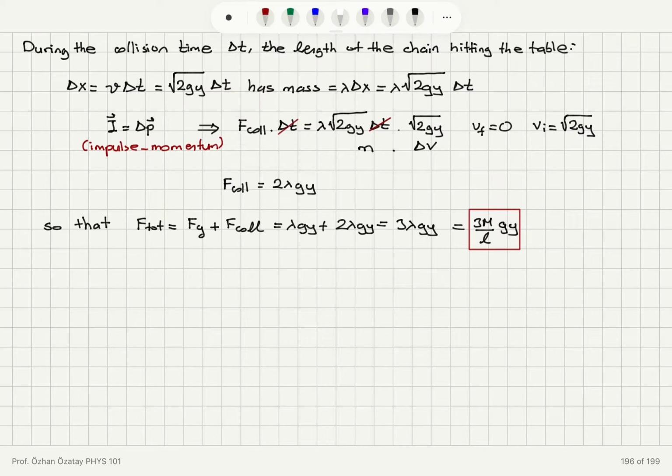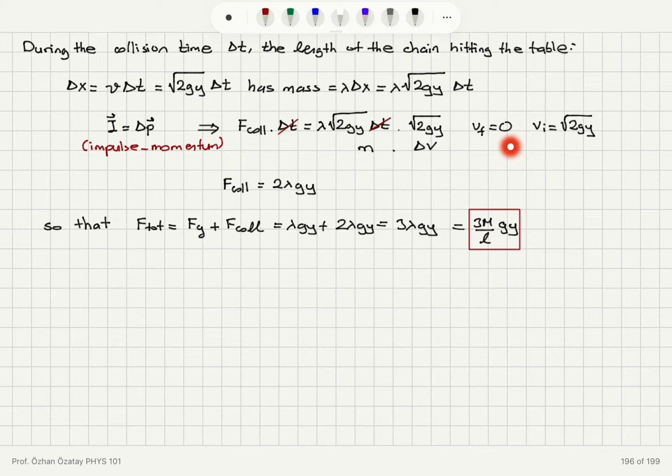So the change in the linear momentum is equal to the impulse that the table exerts. So we're going to have the collision force times delta t, the impulse, if it's a constant collision force in the time interval delta t, that's our assumption, equal to the mass hitting the table times the change in its velocity. The final velocity is 0.